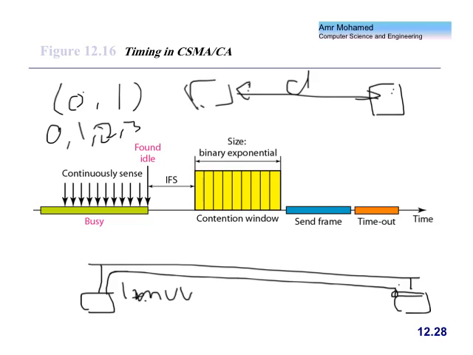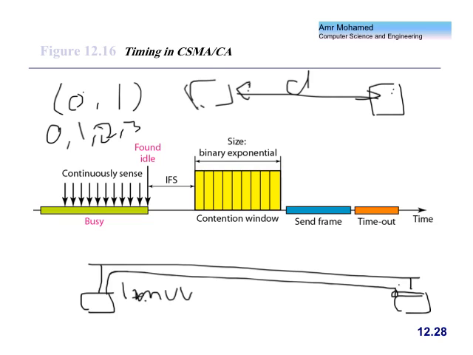The third thing is that, of course, since we cannot detect the collision, the only way for us to know that the collision has happened is that we have to time out. We have to wait for acknowledgement, and if we time out before we receive the acknowledgement, this means that most probably a collision has happened and we have to retransmit.